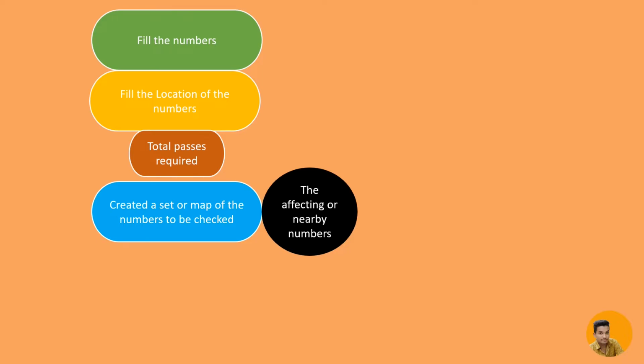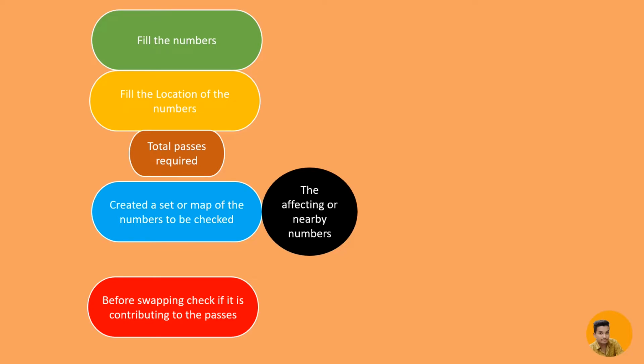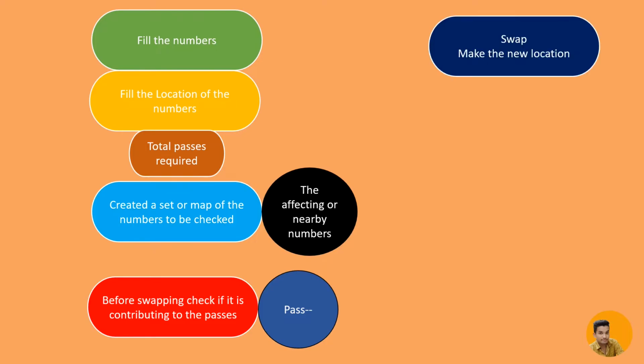This is a set or map, a data structure which can hold unique values. Then before swapping we will check if it is contributing to the pass, and if it is, then we should undo the pass. We should subtract it from the total passes, and afterwards we will swap.